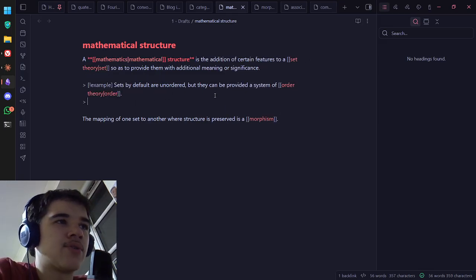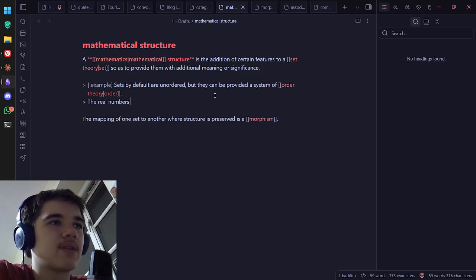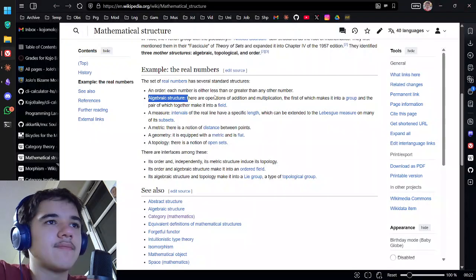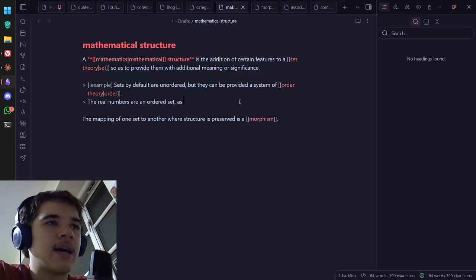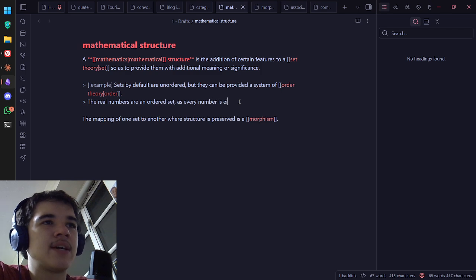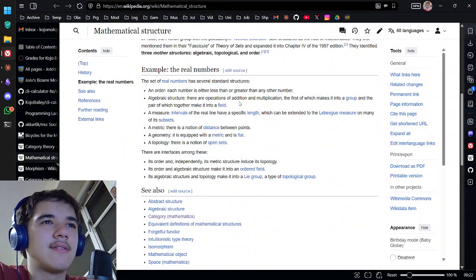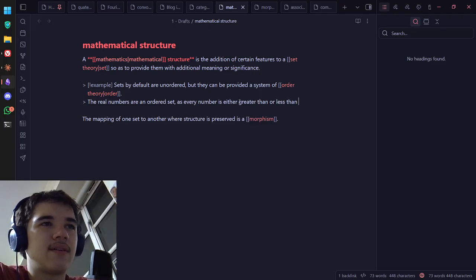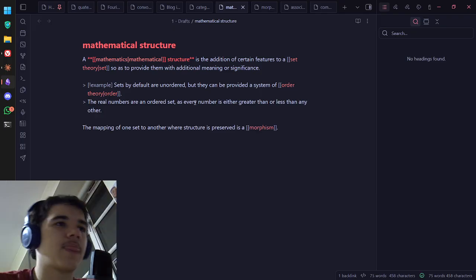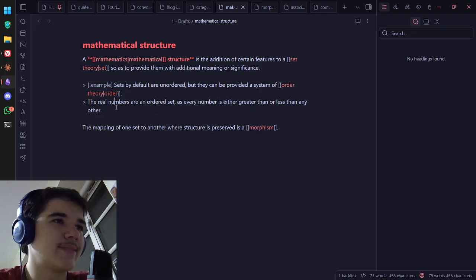So the real numbers are an ordered set, as every number is either greater than or less than any other. Ignoring infinity, but whatever.